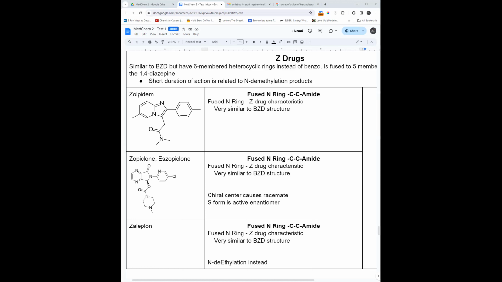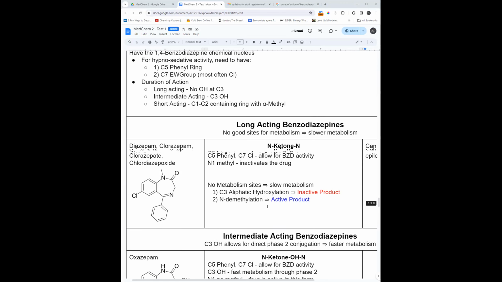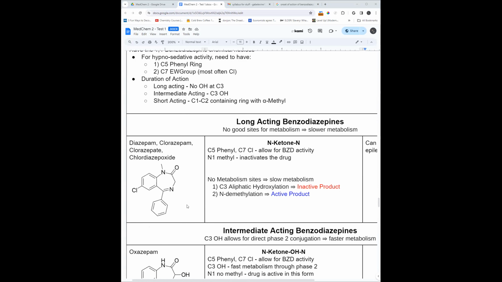That's really all they're doing. Just to illustrate this point, in the benzodiazepines we have two nitrogens in a ring connected to an aromatic ring. Basically the same thing among the Z drugs.